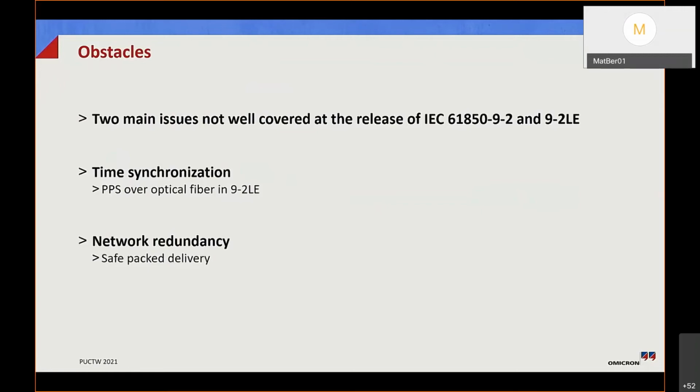Especially when you deal with sampled values, you cannot allow packets to get lost, because that would interrupt the information flow from the sensors to the relay. And these network protocols with redundancy were just coming up roughly around the year 2010. We got solutions for that, but this was still evolving or even not yet existing when we did 9.2 LE.